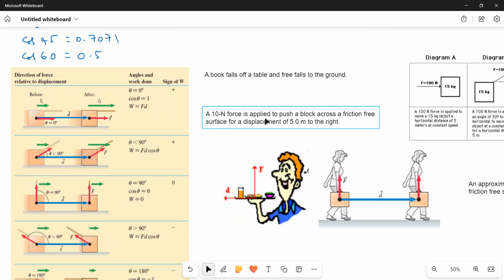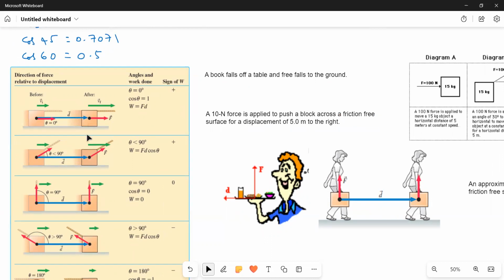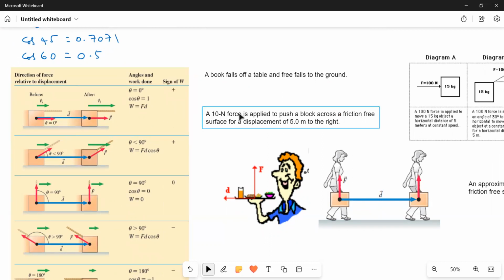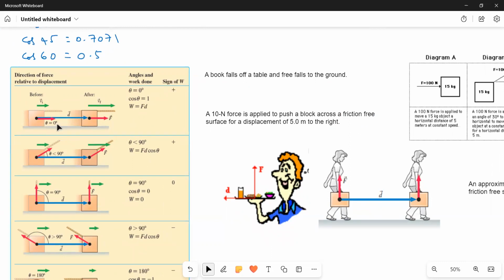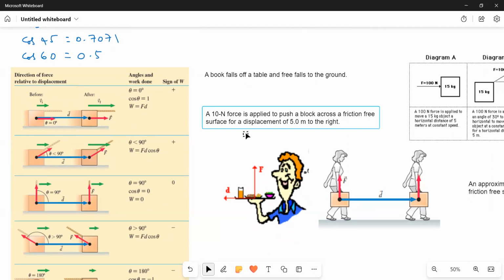Now, let us see another example. A 10 newton force is applied to push a block across a friction-free surface for a displacement of 5 meters to the right. The angle between the force and displacement is 0. So what is the work done?